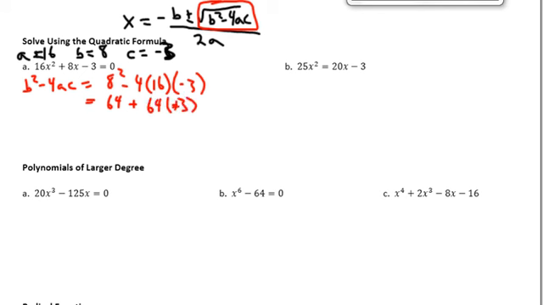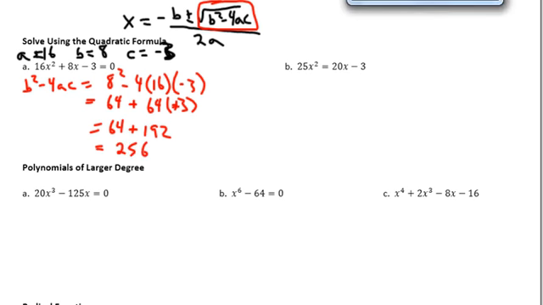I already took care of the negative. 64 times 3 is... 3 times 4 is 12, 6 times 3 is 18, 19, 192. 64 plus 192 gives me 256.